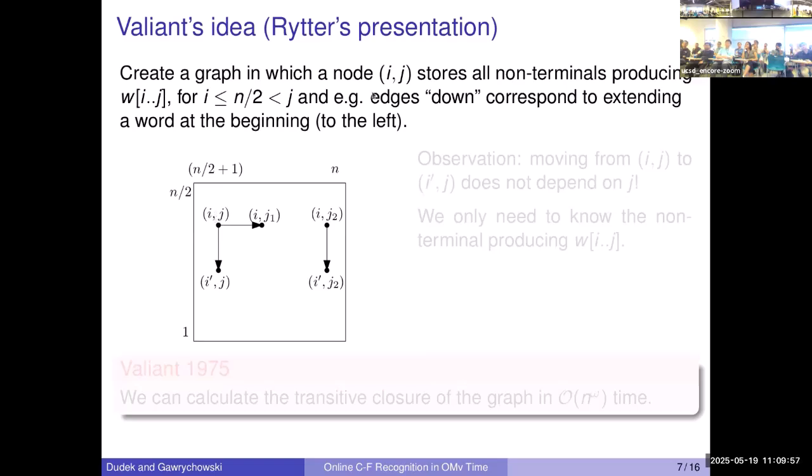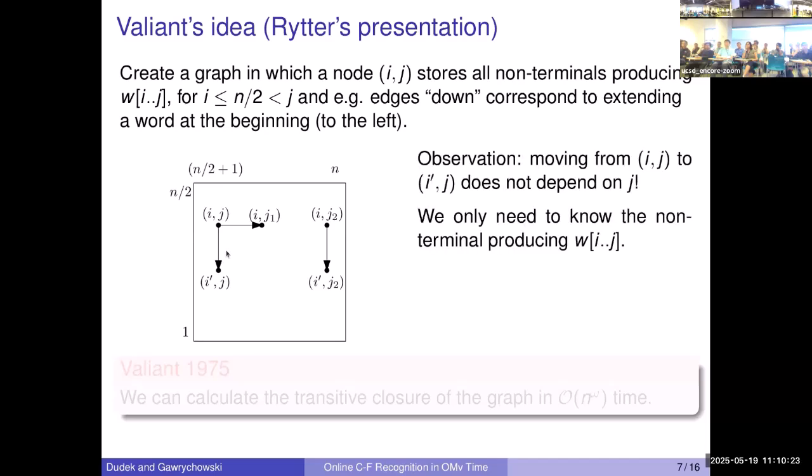So let me first describe the picture. Here a node ij will store all non-terminals producing the index from position i to j. And then the edges down will correspond to extending the word to the left, so adding something at the beginning. So when we have node ij and go to i prime j, it means that we move the left endpoint, but the right endpoint doesn't move.